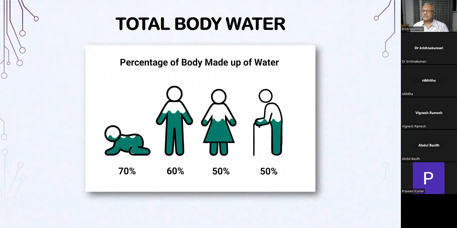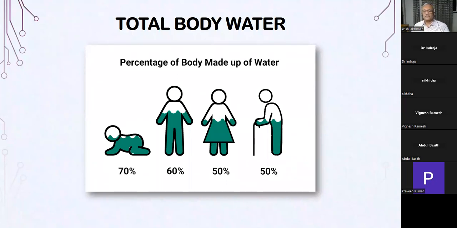The muscle content is different for both, sir. Not muscle. Fat content is more in females. Correct. Fat is more in women, and fat is anhydrous. It has no water, and so overall body water in women is less than that in men.